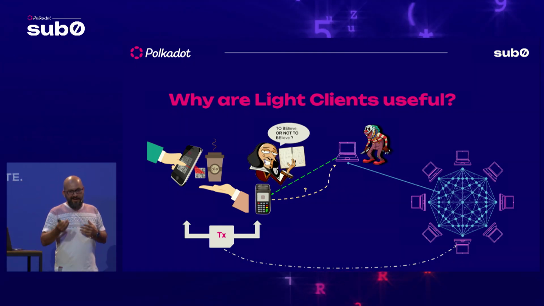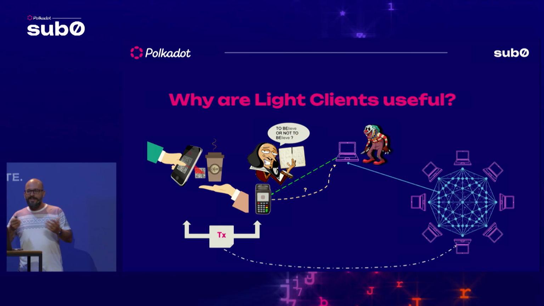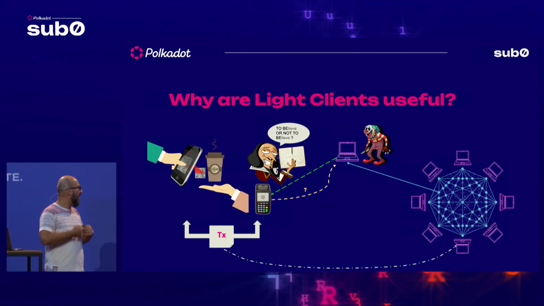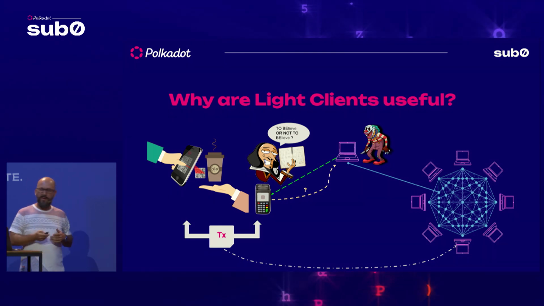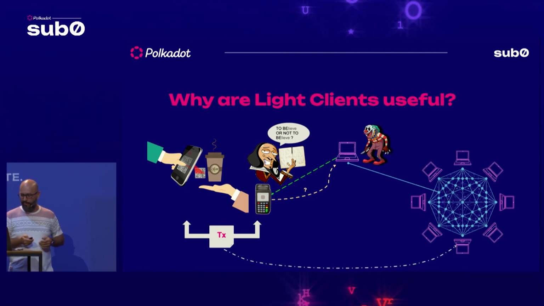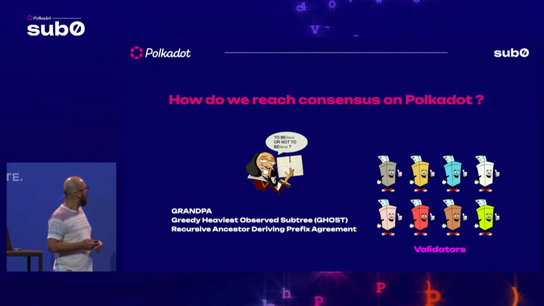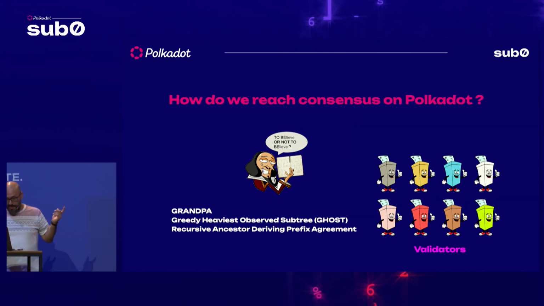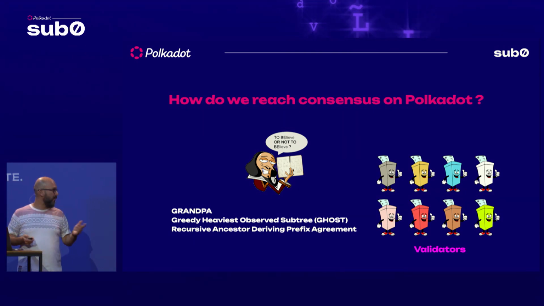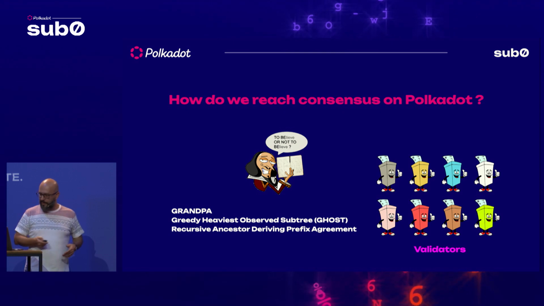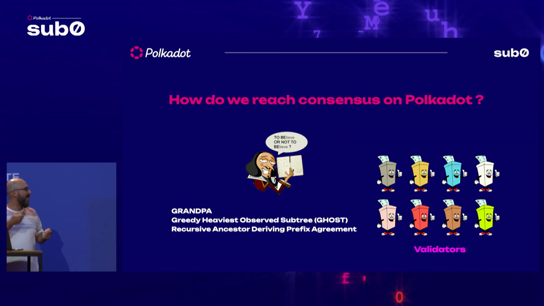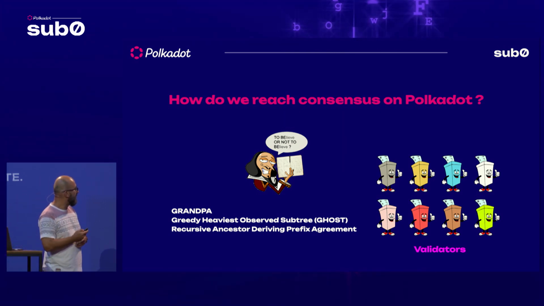In order to understand if it can believe or not, we first need to understand how consensus works on Polkadot, right? Polkadot relies on the protocol GRANDPA in order to agree on the final state of the chain.